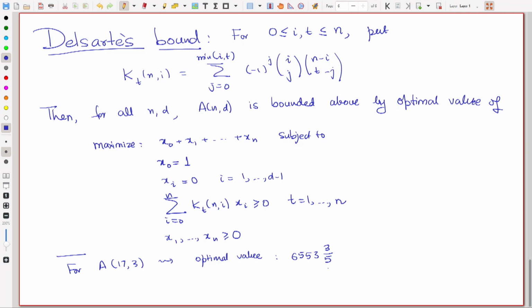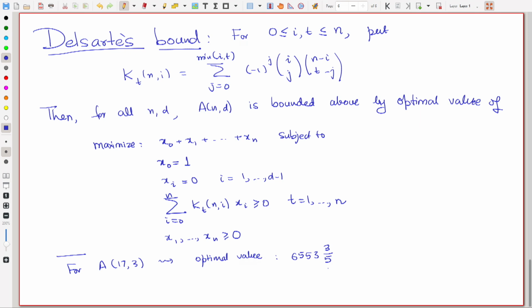So, this is a very weird sort of statement. It is not giving the answer as such, but telling you that you can compute this answer at least for some values, and so using this you can get bounds for many more n and d, and at least in the 17, 3 case it does a pretty good job.